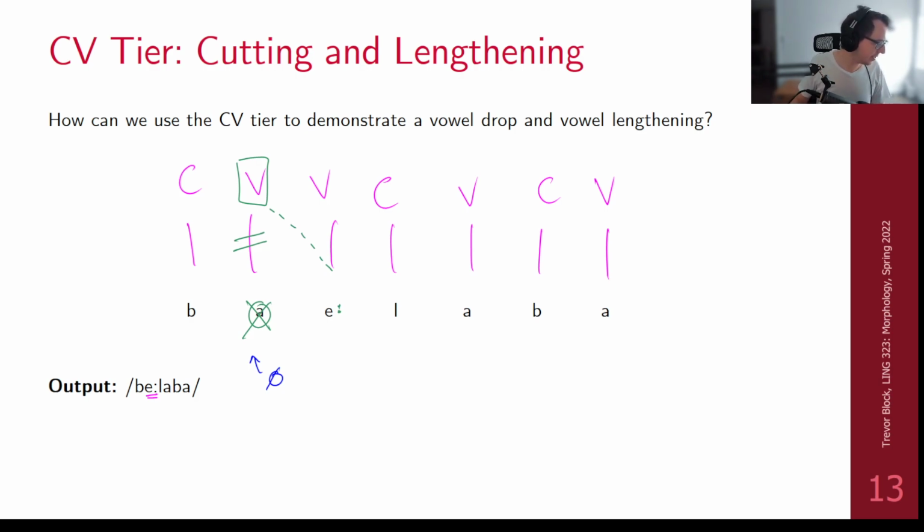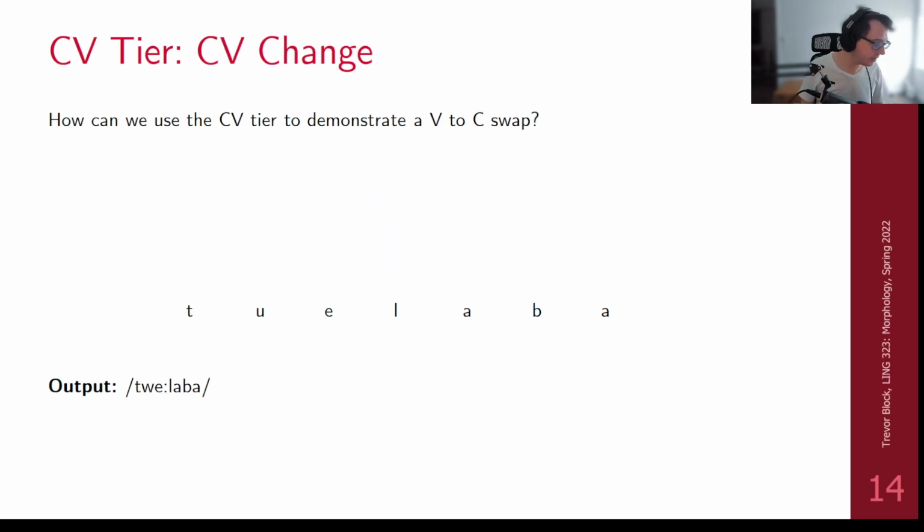We can see this in this next example, which is a little bit different. Here we have 2a laba, but instead of just a long E, we get this W here. So the U isn't being completely deleted. Now, there's one thing I have to explain here because not all of us have taken phonology, and that is that the sounds E and Y and the sounds U and W are phonologically very, very similar.